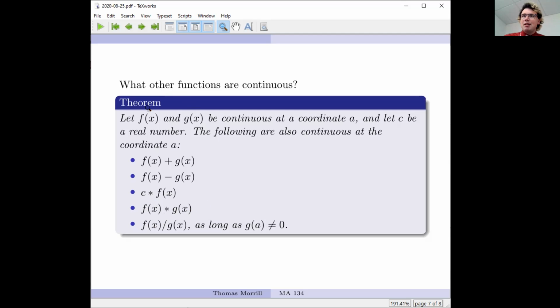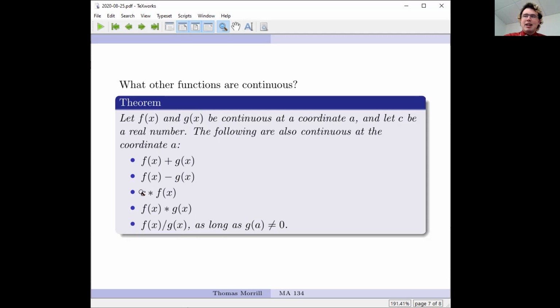But if you assume that f and g are both just continuous functions at every point in their domains, these rules will still work for every point in the domain of your functions. So the only thing I've got to watch out for is, as usual, the division by 0 case. And what this means is I can break up my limits across addition, subtraction.